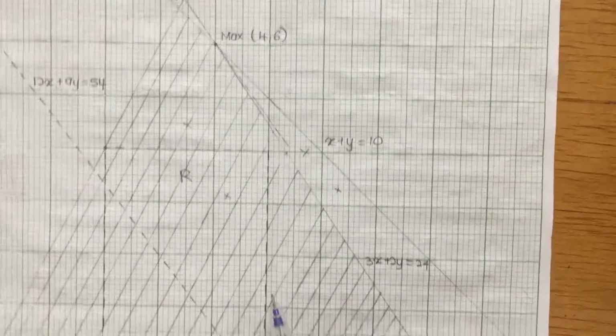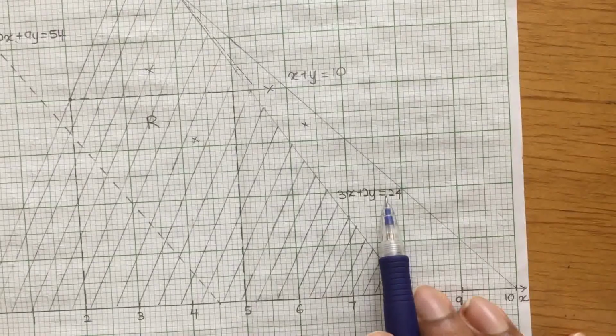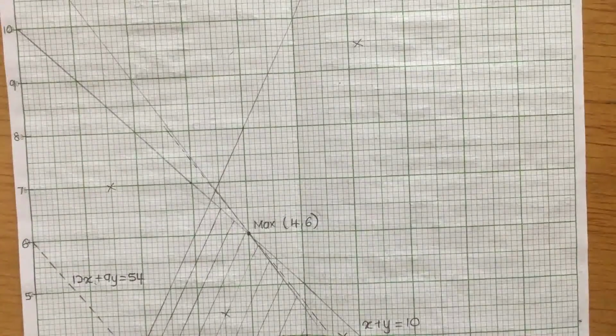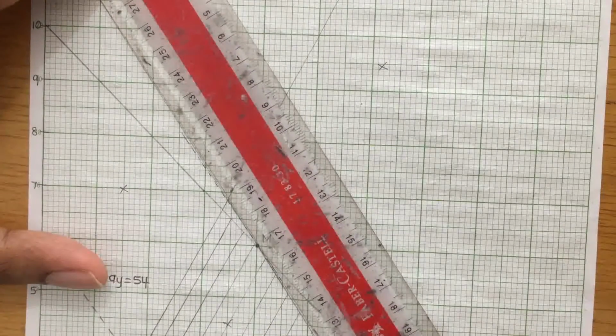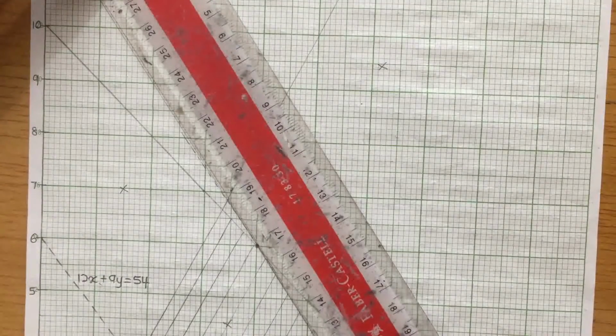Proceed to the last inequality, 3x plus 2y less than or equal to 24. Since it's less than or equal to 24, it should be this line, guys. Okay, if you can't see the graph clearly, I'm going to use the, okay, this is the line which represents 3x plus 2y equals 24. So in this case, since it says less than or equal to 24, it should be over here.